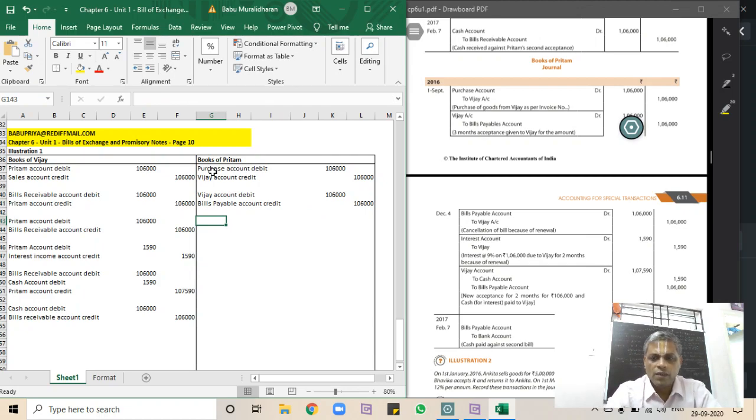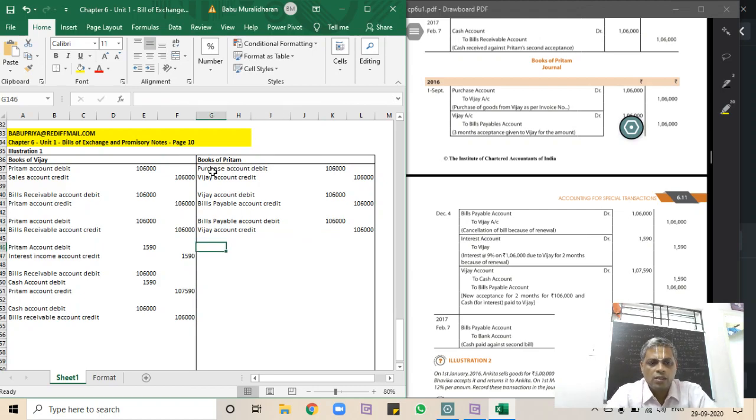So we have to reverse the bills payable account. Bills payable account debit and Vijay account credit. We are reversing the original bill entry that was made because a fresh bill is being drawn. Yes, 1,06,000, 1,06,000.